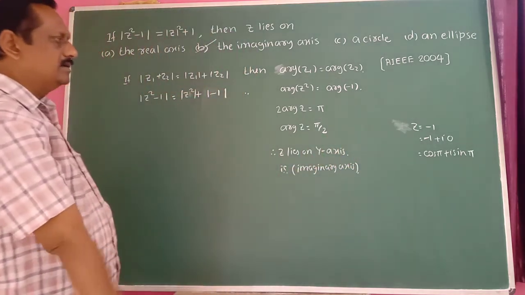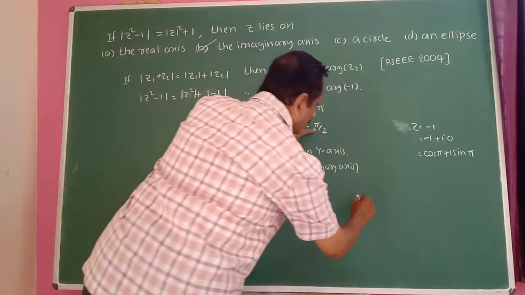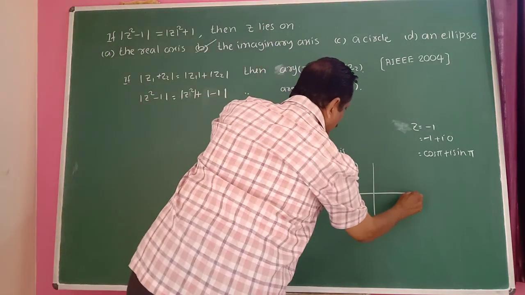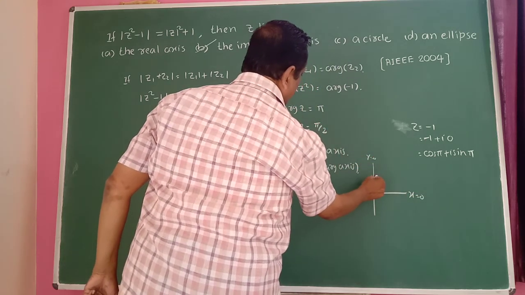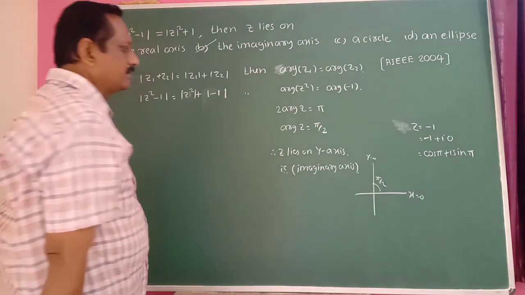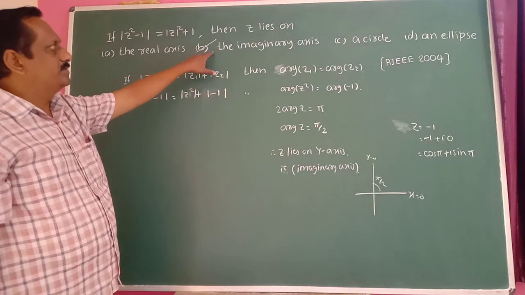Y axis means imaginary because pi by 2 is there. So here x equals 0. Total this angle is pi by 2. Therefore z lies on the y axis. So the second option is correct.